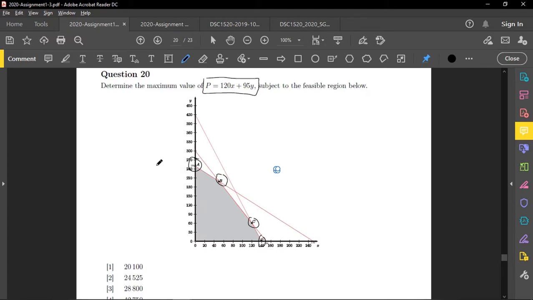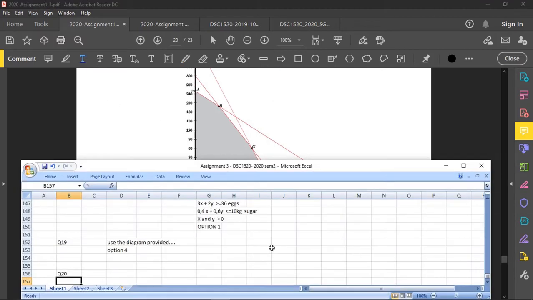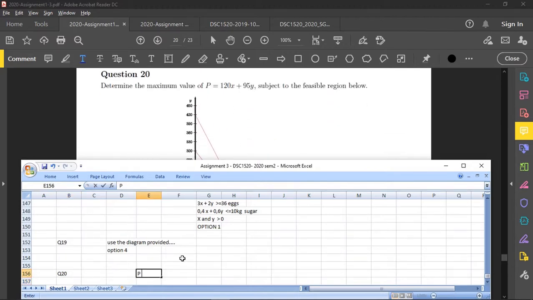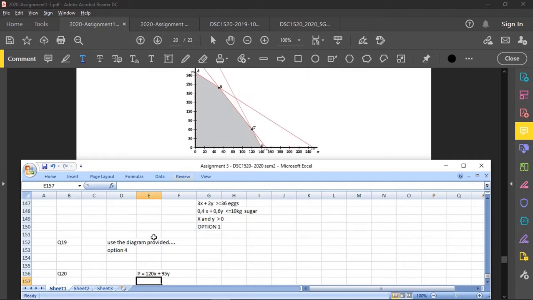Right, so what is the x value here? This x value for A, let me actually do this on the Excel spreadsheet. Let me write the formula down. P equals 120x plus 95y. Obviously you want to maximize the profit, and then you've got different points. A's point is 0, and it looks like 250 to me on the diagram.